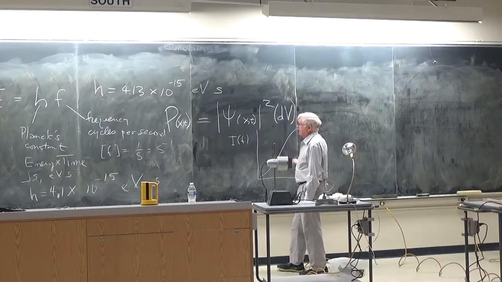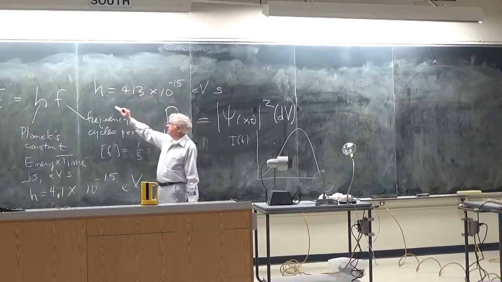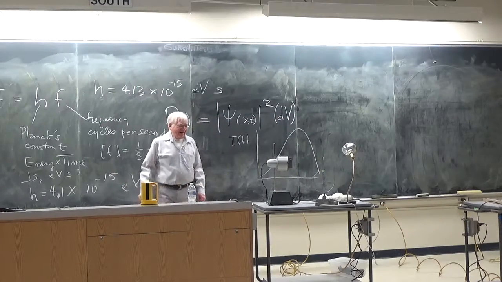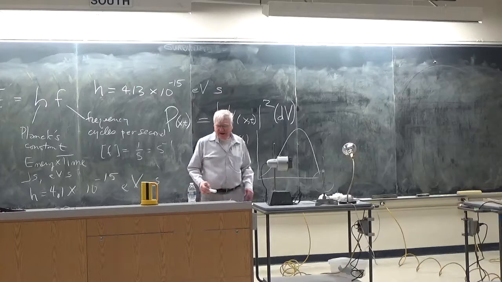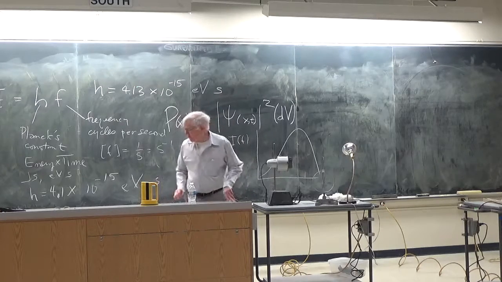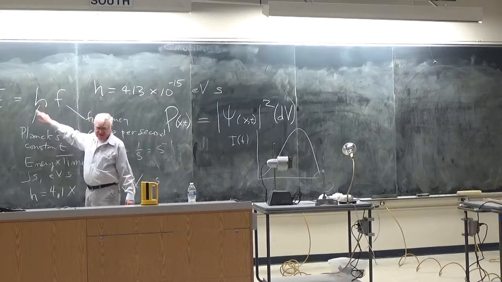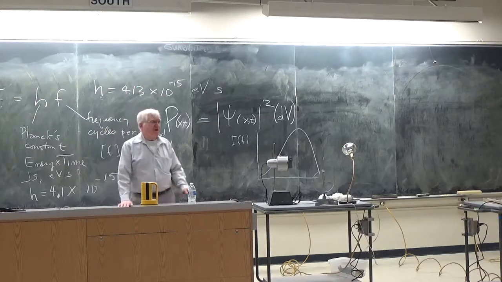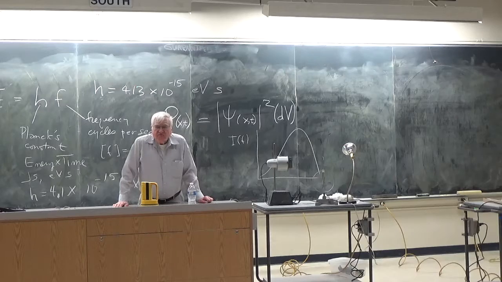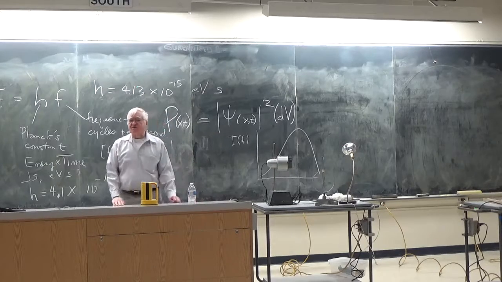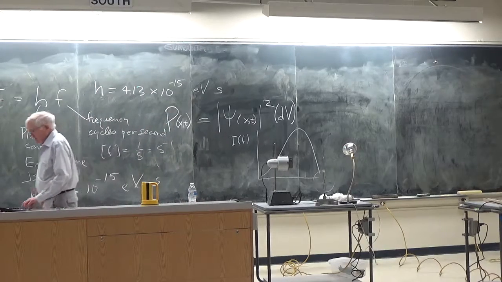And he explained that by saying that a photon of frequency f had energy, his constant times f, the frequency. Planck himself didn't really go so far as to say that.